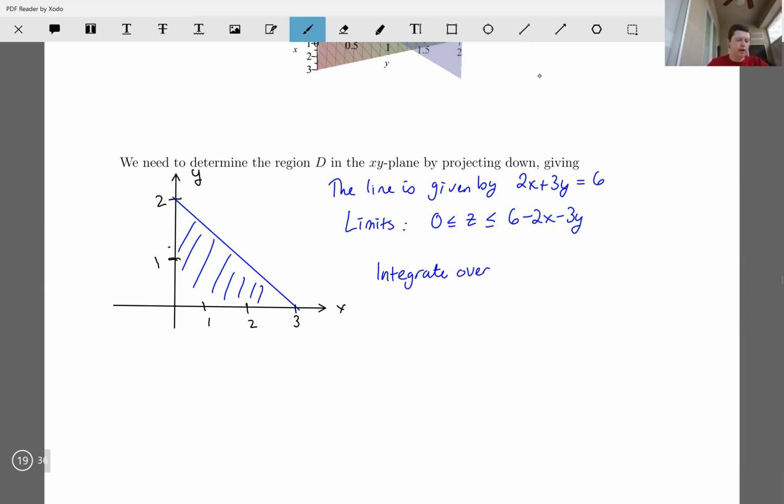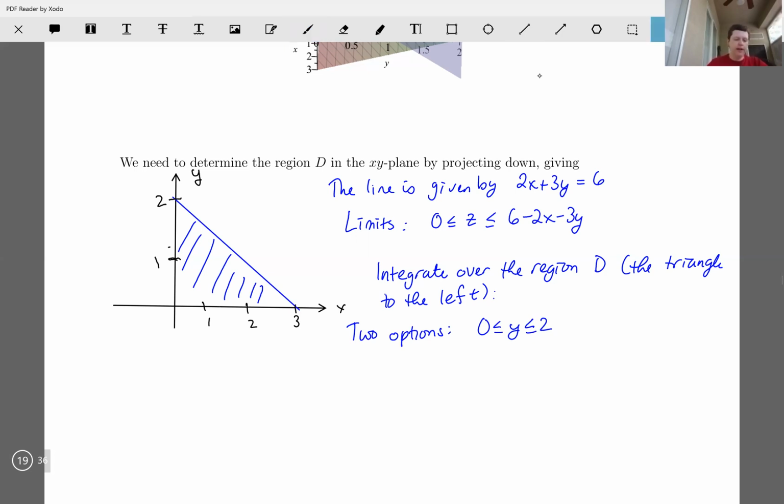Okay, now what about integrating over our region D, which is that triangle I drew? What are we going to do? We have two options. Option number one is to let y range from 0 to 2, and then x is going to be between 0 and, solving for that, 6 minus 3y over 2.